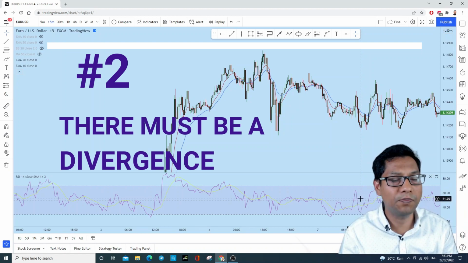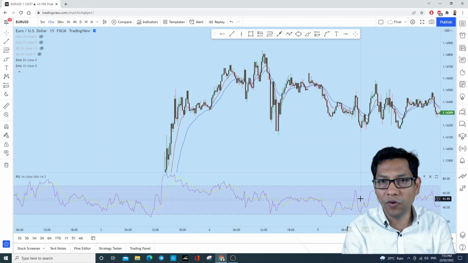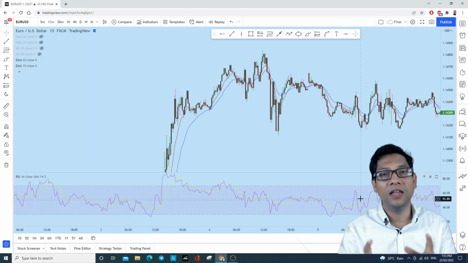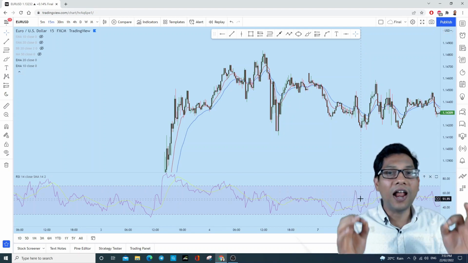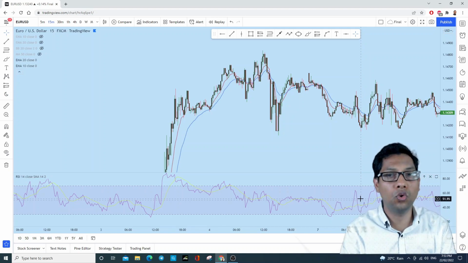Again, I'm explaining, you need at least two conditions to be fulfilled to apply this strategy. The first condition is RSI must be in an overbought or oversold condition. Secondly, it has to have a clearly defined divergence.